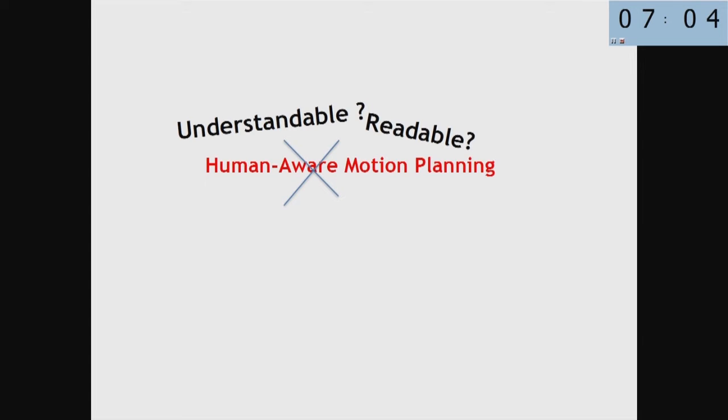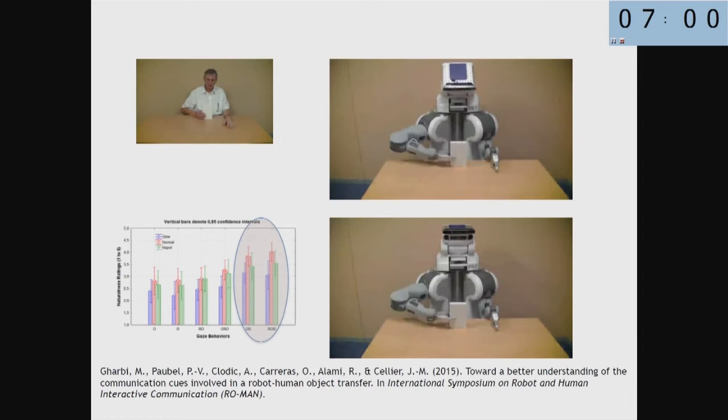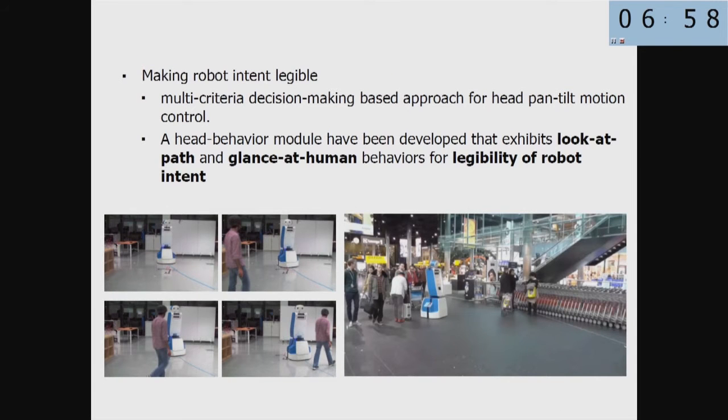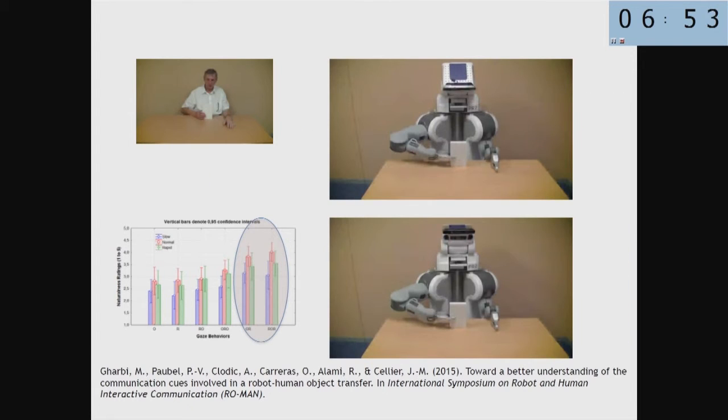But human-aware motion planning does not mean that it is understandable and readable. What I mean is that when we have this kind of robot, since it has kind of a head, people will infer that it should act as a head.